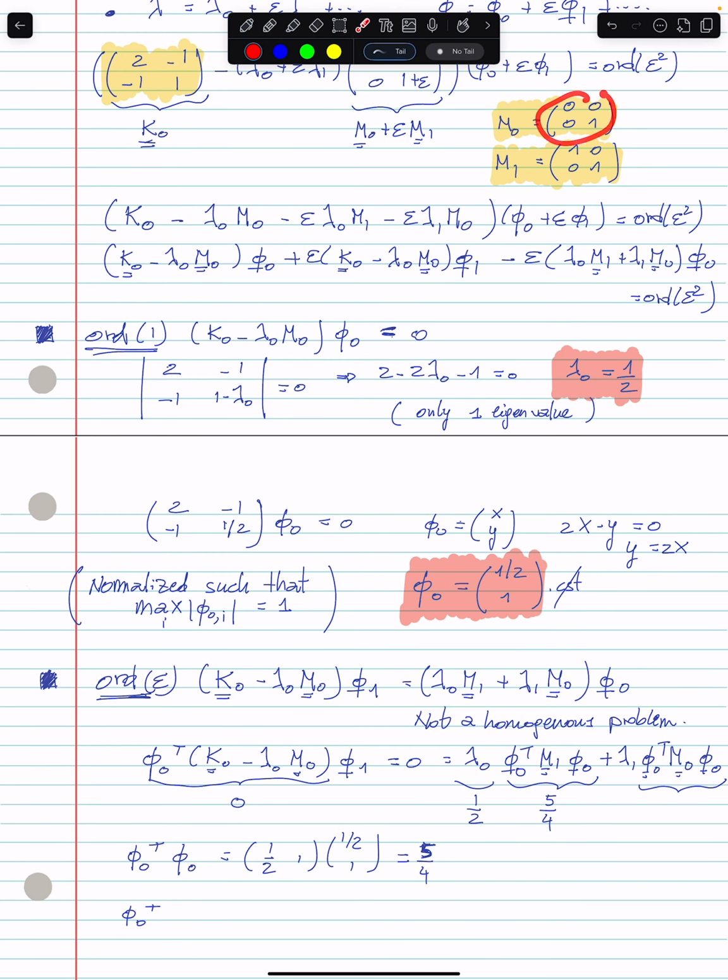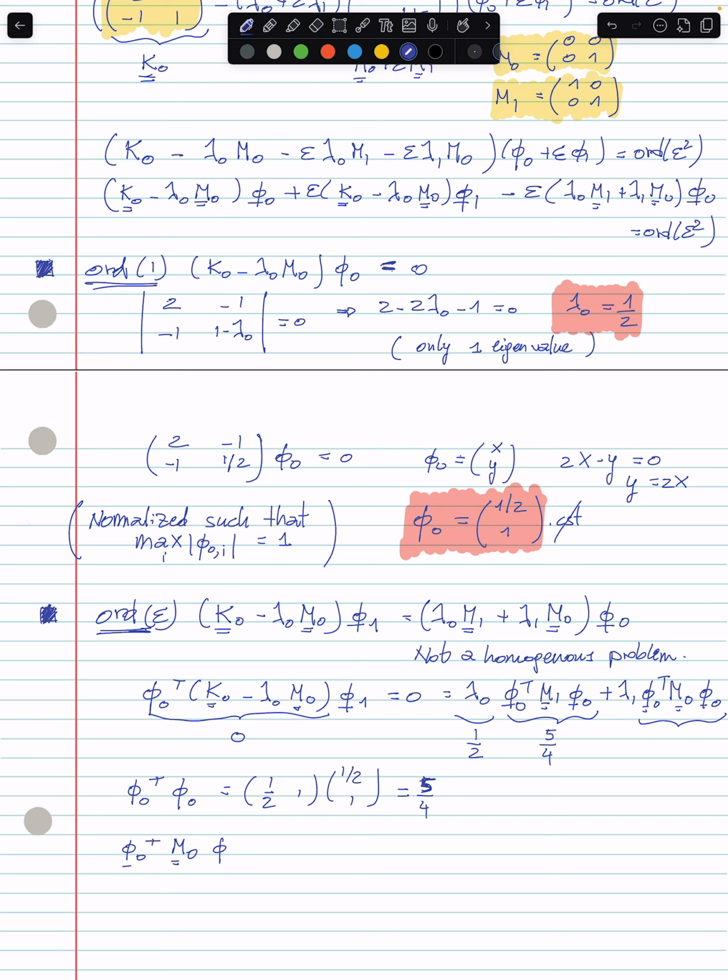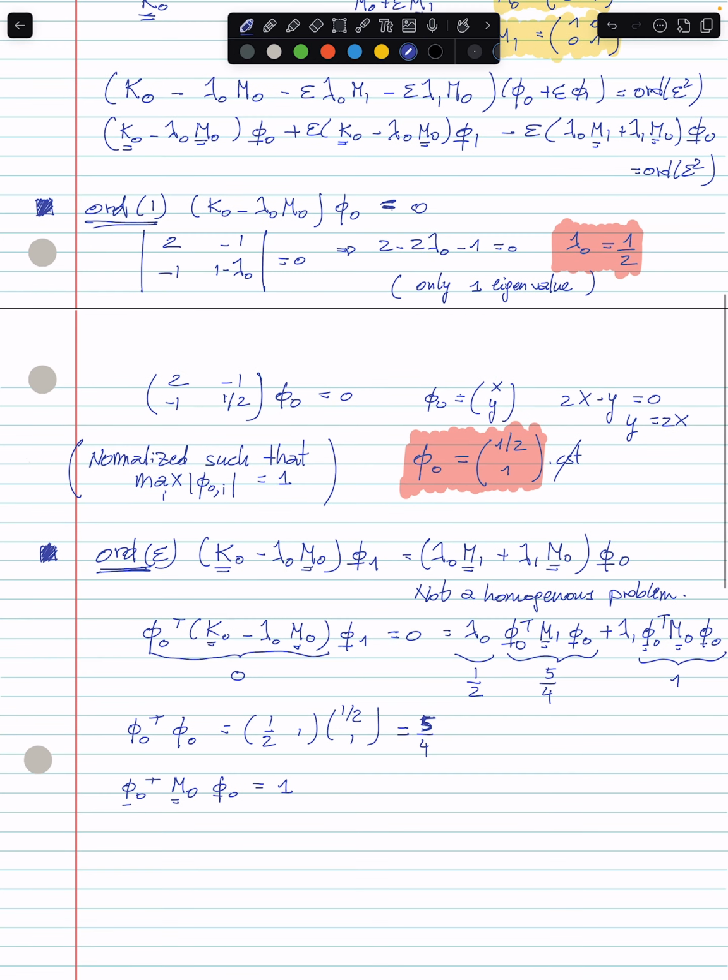So we just extract the second element from phi 0 when we do that. So phi 0 transposed m0 phi 0 here is equal to 1. All right, and from this we can obtain that lambda 1 is equal to -5/8.